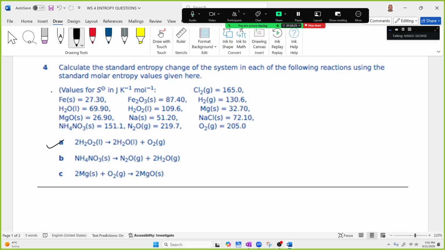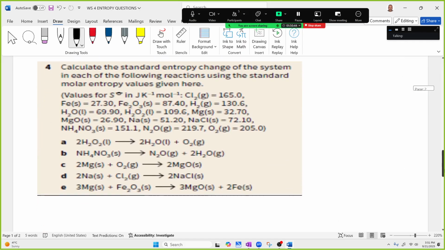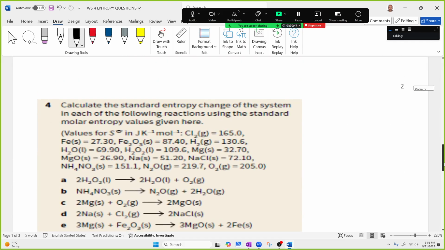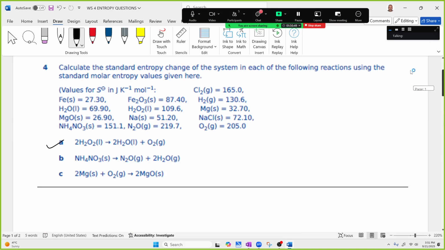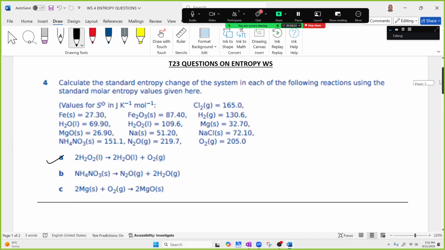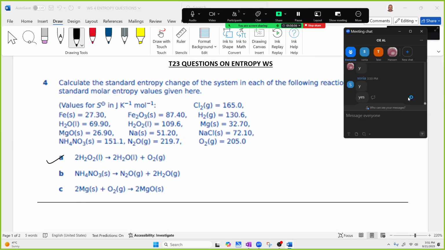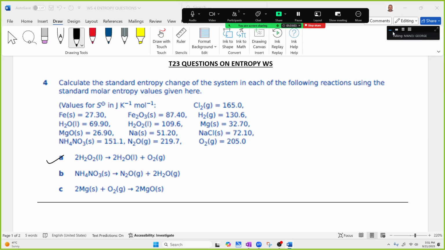Only for the first one, A part. You did this in school? Okay. Yeah, it's from the textbook. So see if you can get the final answer now.